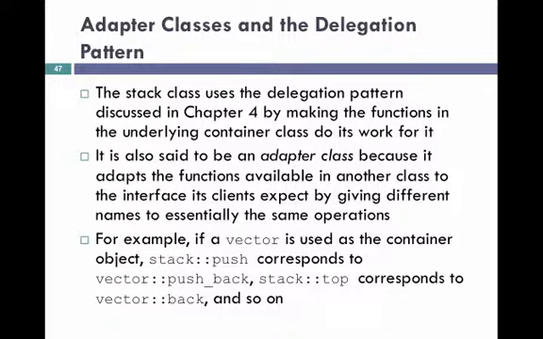So for example, if a vector is used as the container object, then stack push method corresponds to the vector's push back, and stack top corresponds to vector's back. So in some sense, this is just a renaming, but we rename it to the method that corresponds exactly to how our abstract data type stack in this case is defined.